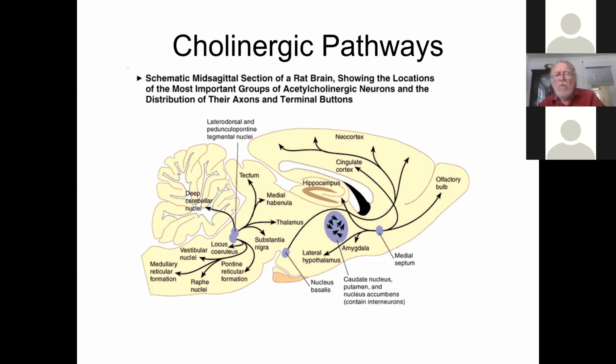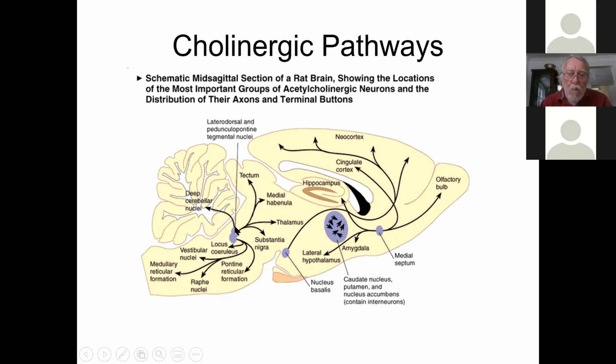They're not all over the place. So what we have are two major areas for the cholinergic pathway: a caudal area and then a wide swath of a rostral area.